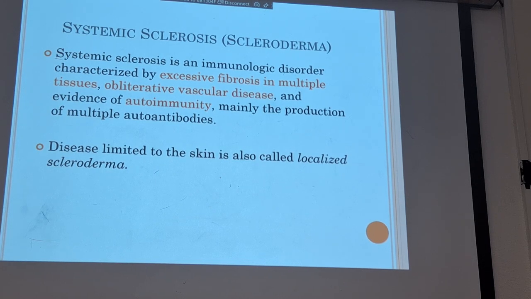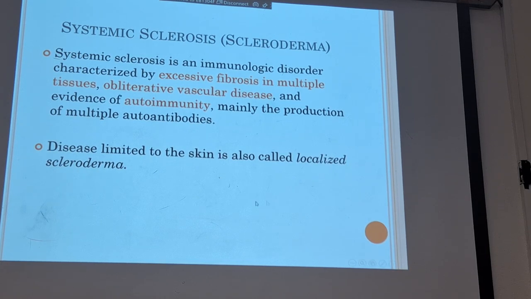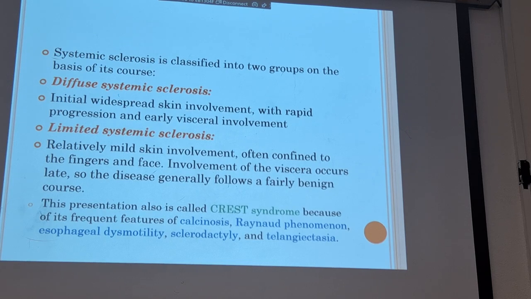Sometimes this disease is limited to skin. We call it localized scleroderma. But sometimes it is systemic. Systemic sclerosis is categorized into two forms. Diffuse systemic sclerosis has widespread skin involvement and rapid progression to visceral involvement, early in the course of the disease.